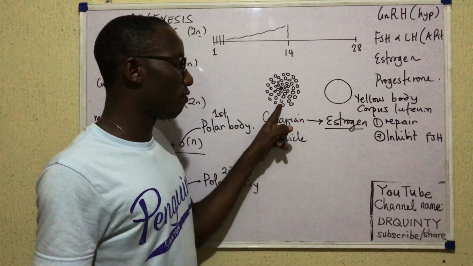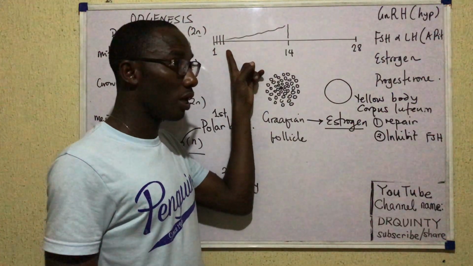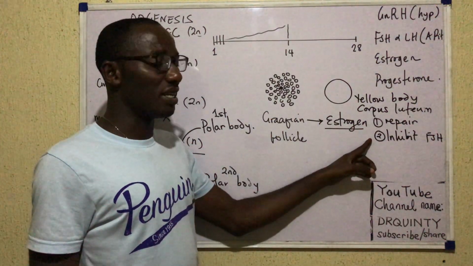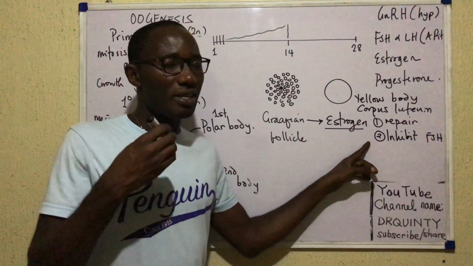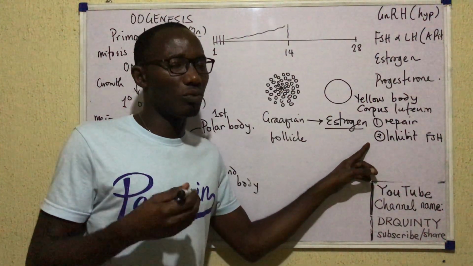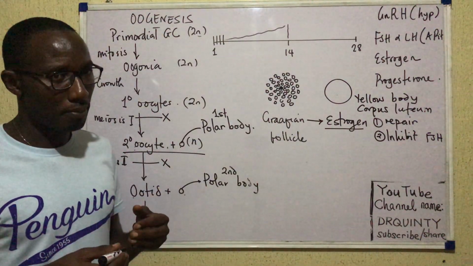Estrogen, we said first, promotes repair of the uterine wall, and then we said it inhibits FSH. By inhibiting FSH, it ensures that we don't have more than one follicle developing at a particular time.